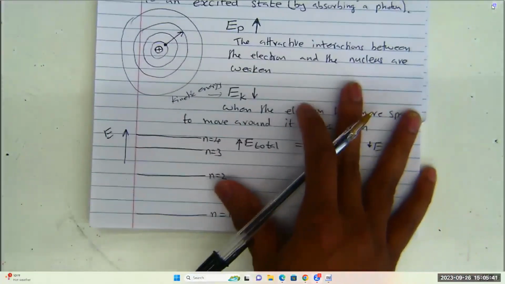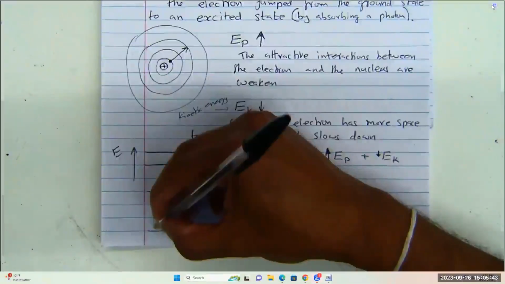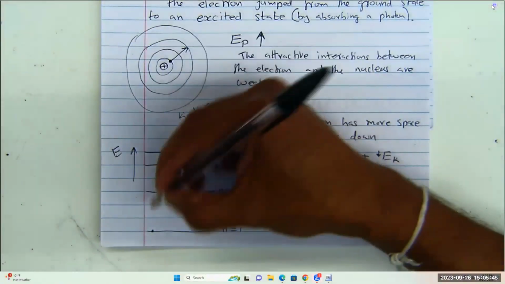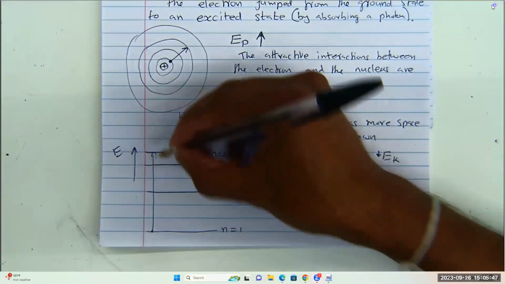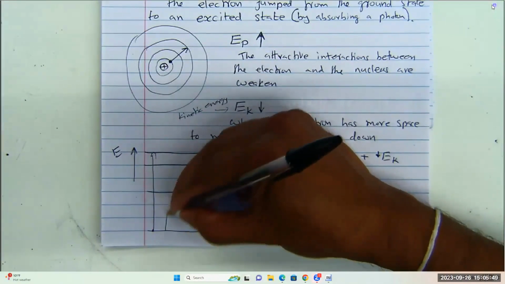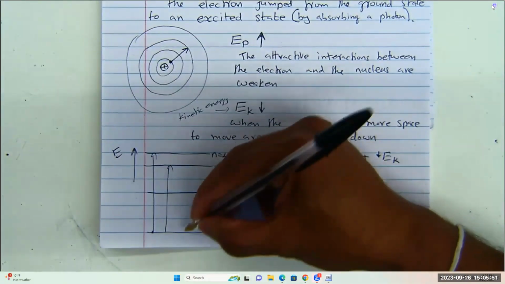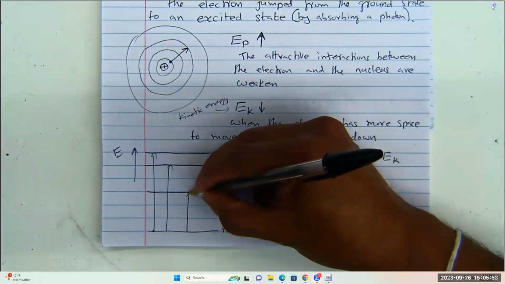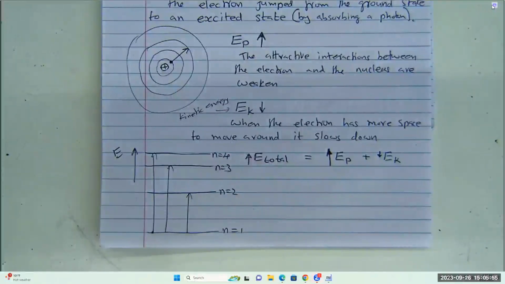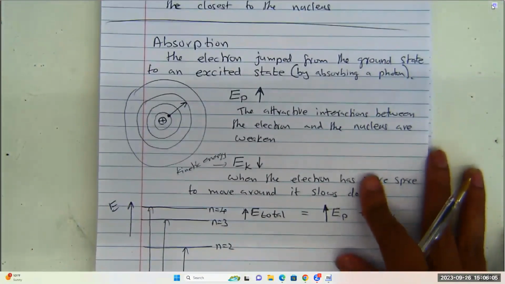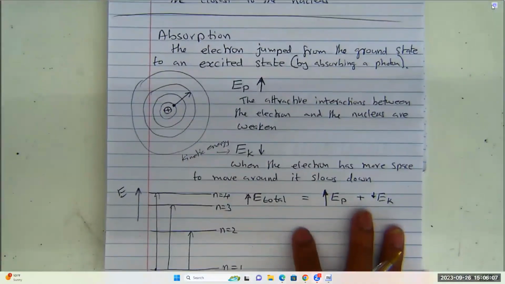During the absorption process, the electron goes from n equals 1 to, it can go to n equals 4, it can go from n equals 1 to n equals 3, or from n equals 1 to n equals 2, like that, by absorbing the photon energy. So this recapitulates everything about the absorption process.